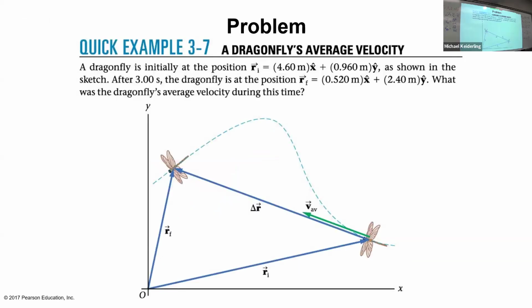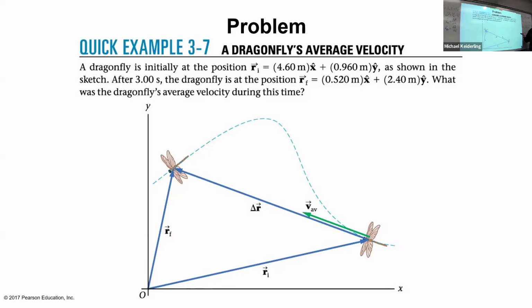So here we have a problem. We have a dragonfly that is initially at the position r initial, 4.6 meters in the x direction and 0.96 meters in the y direction. 4.6 meters x hat, 0.96 meters y hat. After 3 seconds, the dragonfly is at the position 0.52 meters x hat, 0.24 meters y hat.